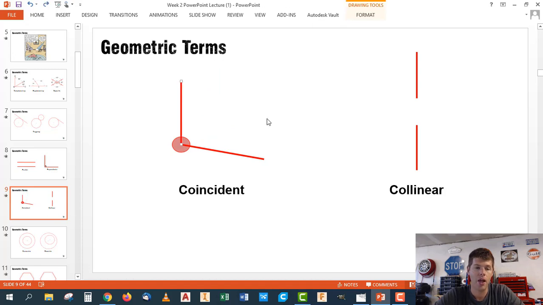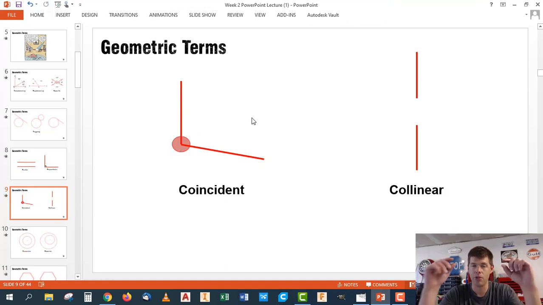So if I take those two lines and make the endpoints of them coincident, right here, noted by my red circle, what that means is that those two endpoints on those two different lines match up with each other perfectly in XY or 2D space. Okay? So in other words, the endpoints of those two lines are locked together. That's one example of a coincident relationship.